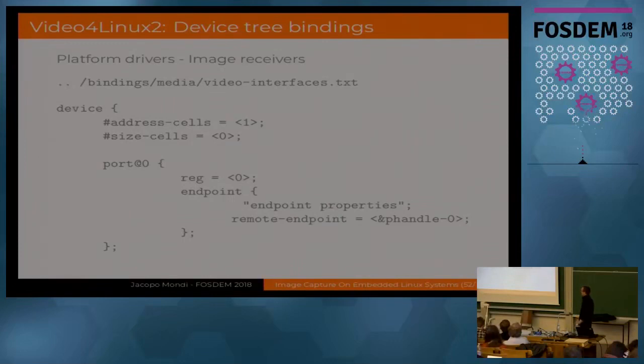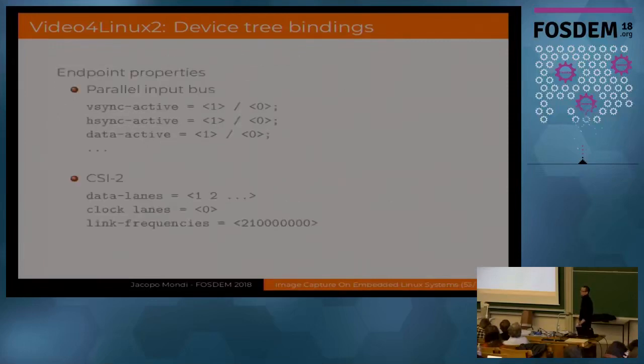So we said that there are endpoint properties. They are usually bus specific, so you have a set of properties that are specific to a parallel bus. They say, let's say, what is the polarity of the sync signals, because you have to know that, otherwise it will get messy. How many data lines you have, what is the polarity of the active edge of the pixel clock, and things like that.